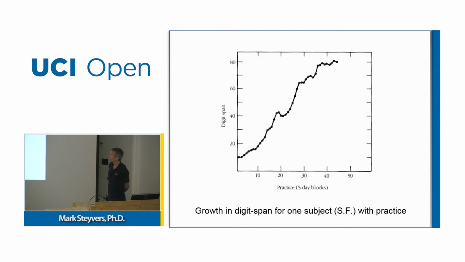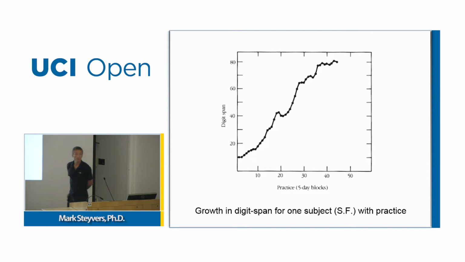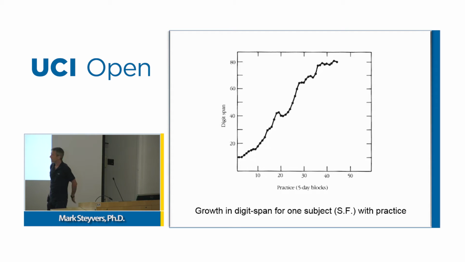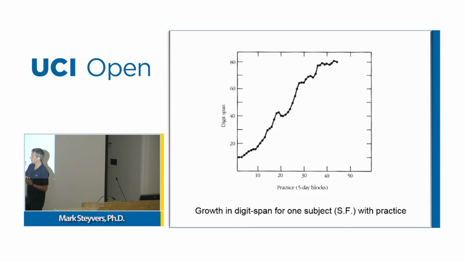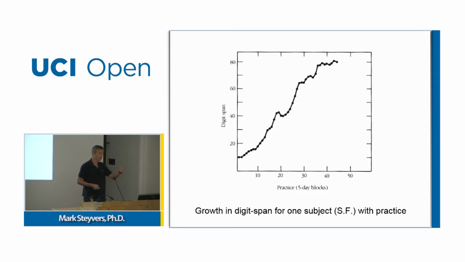Now SF, he's a runner, and he encoded groups of digits in terms of times corresponding to famous running times, or times that he's familiar with, times on the 5-kilometer or 10-kilometer races, etc. So he was grouping digits in terms of things that are meaningful to him. And that allowed him to get a much larger digit span than at the beginning.